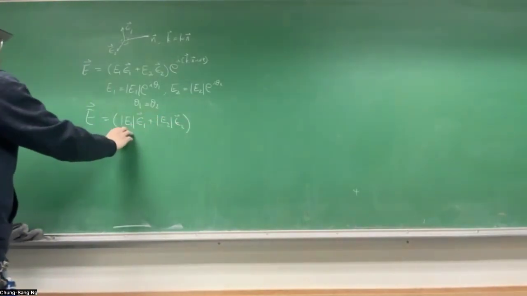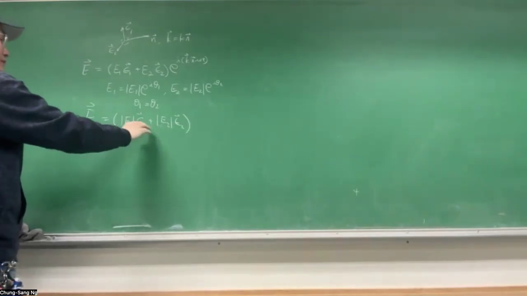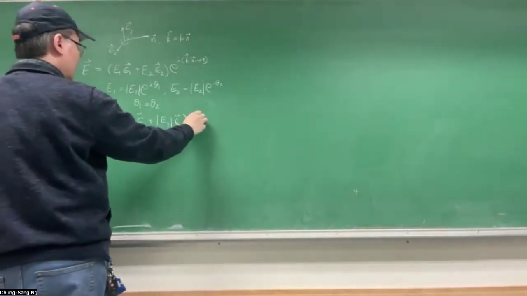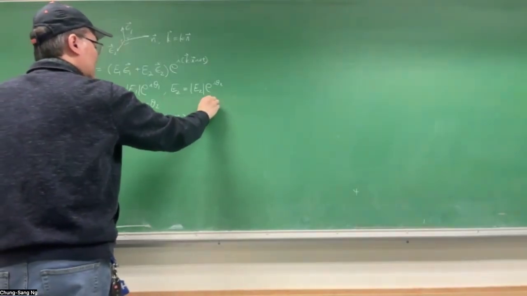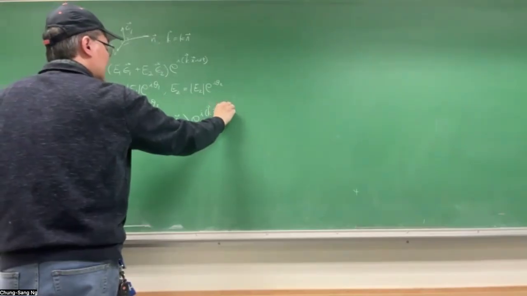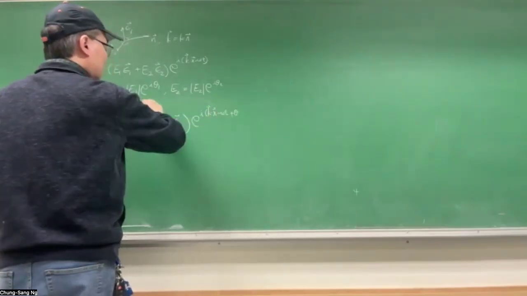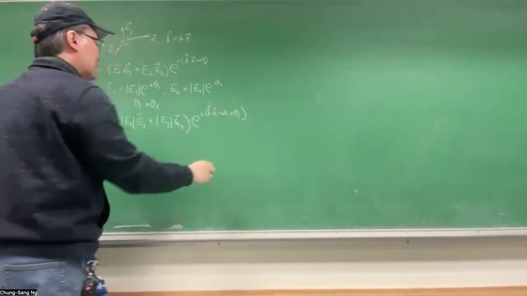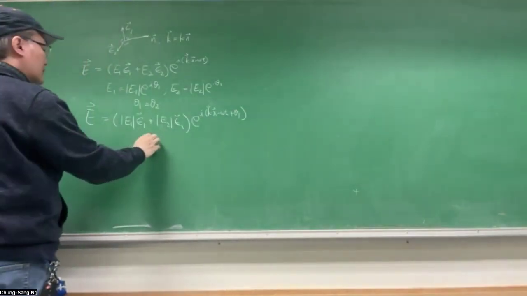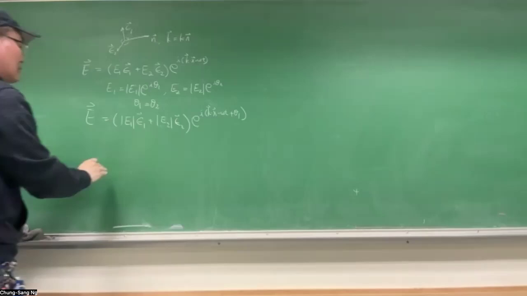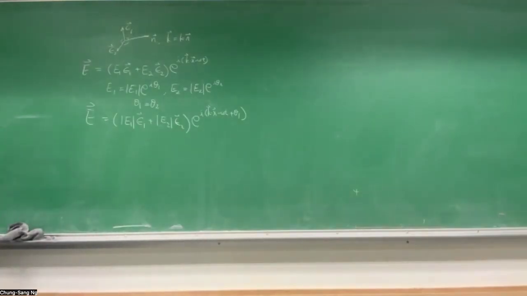Now this bracket is totally real because these are just magnitudes, all the unit vectors are real, and the phase is included in this phase factor. Theta 1 and theta 2 are the same thing, either one, right? And that is a form of linear polarization.